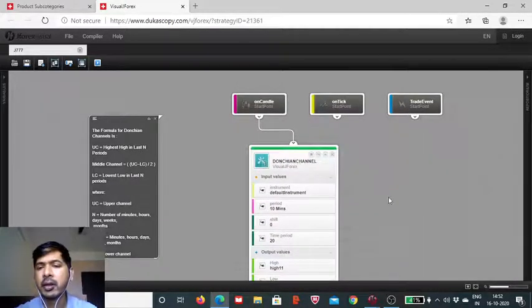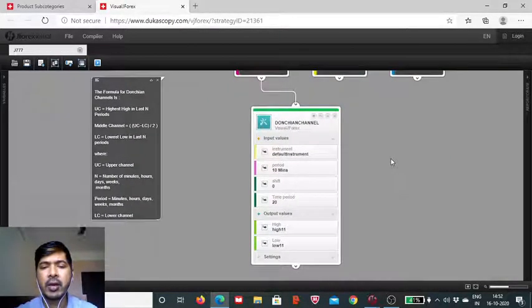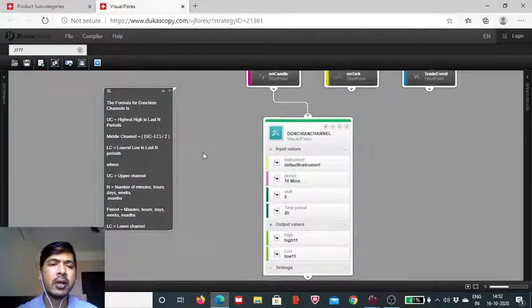And then while determining what are the appropriate parameters, we have to see how this indicator is built. We take the highest value over a period of time. Suppose for example n is the number of period of time, then we will be taking the highest high for that number of periods, and we will be taking the lowest low for the n number of periods where we have these defined parameters. And based on that the channel is formed.